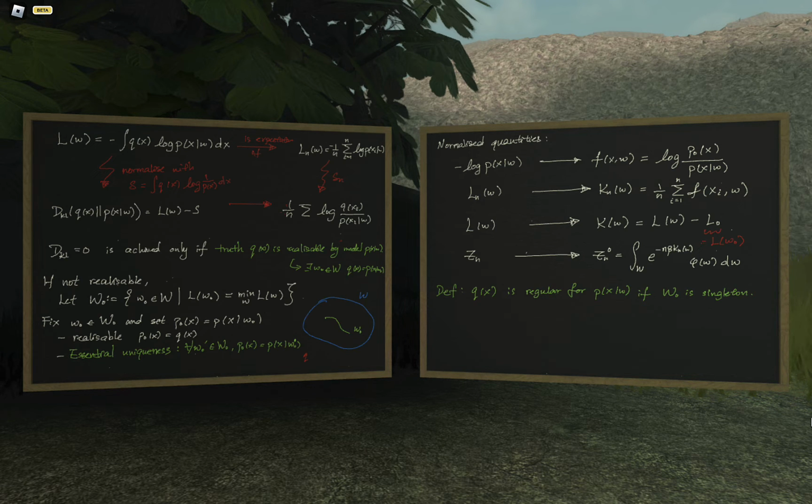It's regular for W0 if the optimal set is a singleton, and the Hessian of L at W0 is positive definite. And singular for the model otherwise.